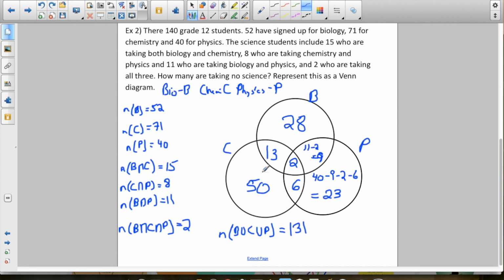So in the question it says, how many are taking no science? Well, our total number of students in grade 12 is 140. Therefore, 140 minus 131 is 9.